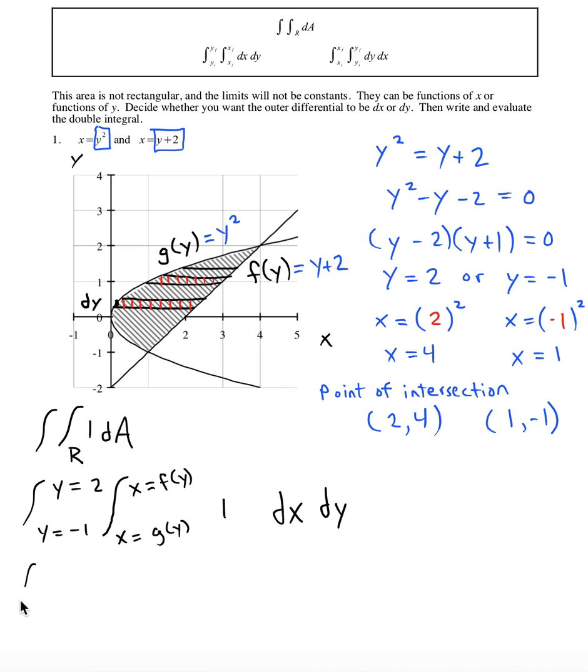Okay, so let's fill in the formulas. We'll have x equals y squared and x equals y plus 1. We now want to take the antiderivative of the 1 and leaving everything else the same.